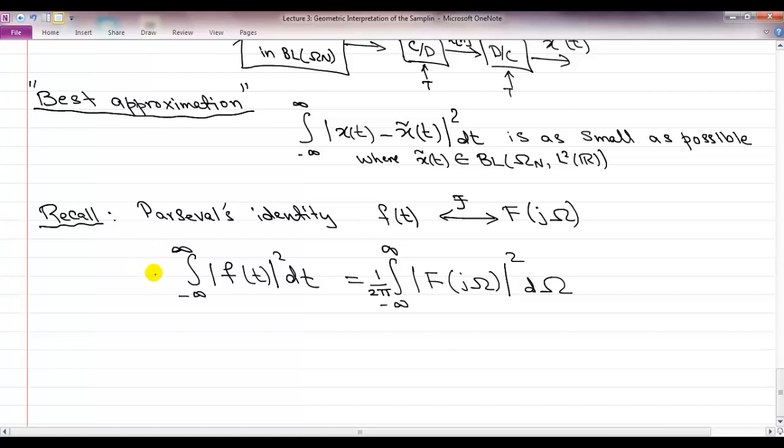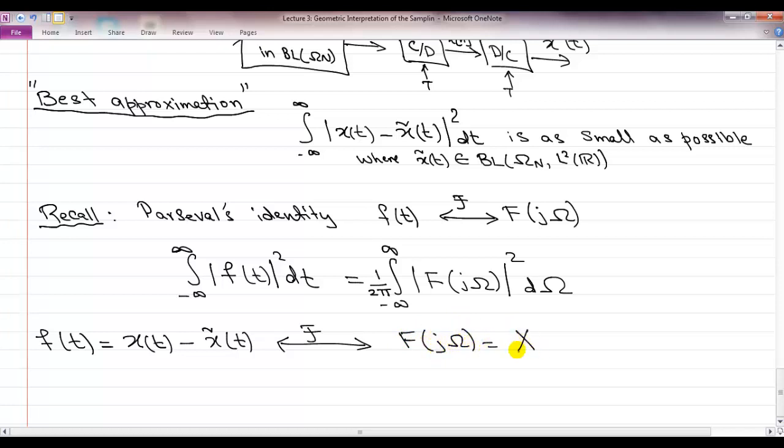Okay. The other property that we need is the linearity property. So if I have x of t minus x tilde of t, let's call that f of t. The Fourier transform of that is, of course, the difference of the individual Fourier transforms. So I have F of j omega, which is equal to X of j omega minus X tilde of j omega. I'm using X tilde of j omega to define the Fourier transform of my x tilde of t.